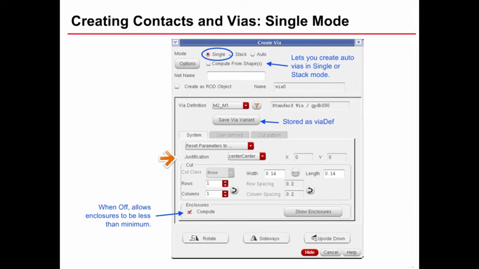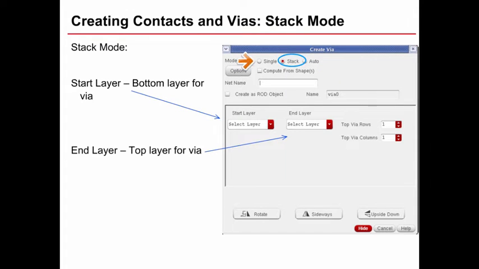You could change justification, you could change widths and lengths, row spacings, that sort of thing. But remember down here to let it compute things so that you'll be design rule correct. Okay, stack mode.